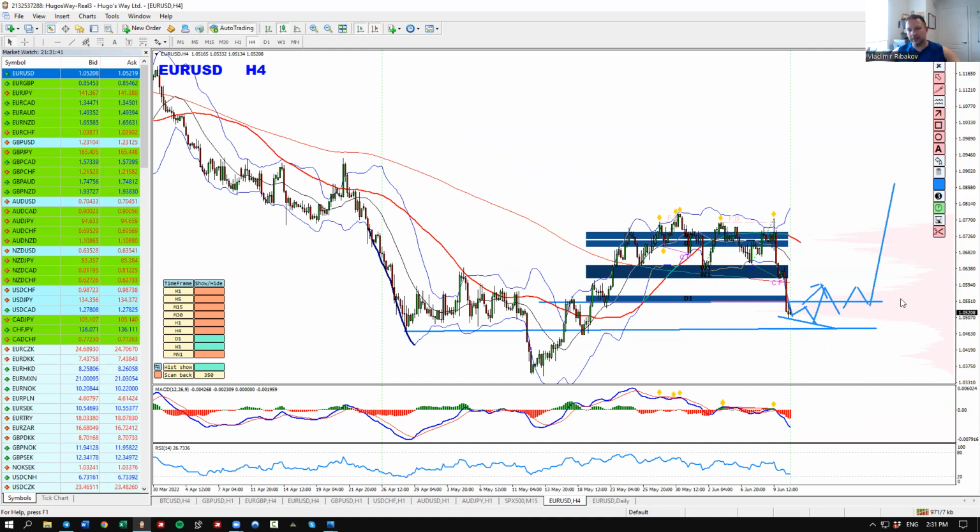Then you can understand the buyers are taking control. If that doesn't happen, it doesn't mean that a specific level is reached. And I hope you understand how important it is to have patience and not to rush into a trade like so many traders tend to do. And it's a mistake. And these mistakes cost money.